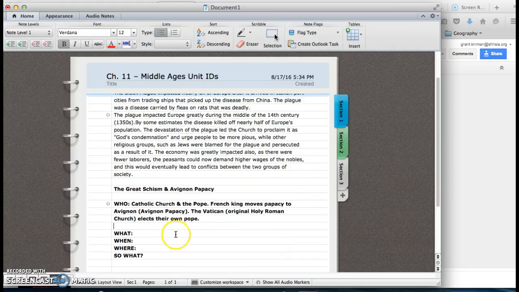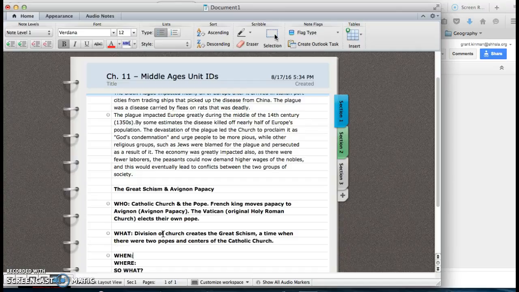But this is the basics. Who? What? Well, this creates division of church, creates the Great Schism, a time when there were two popes and centers of the Catholic Church.